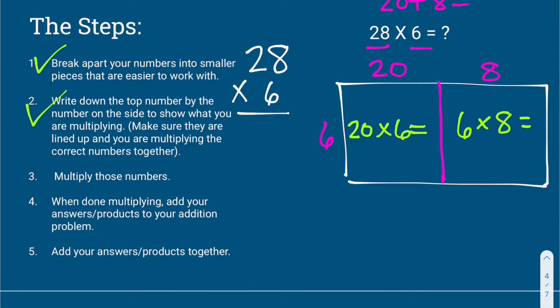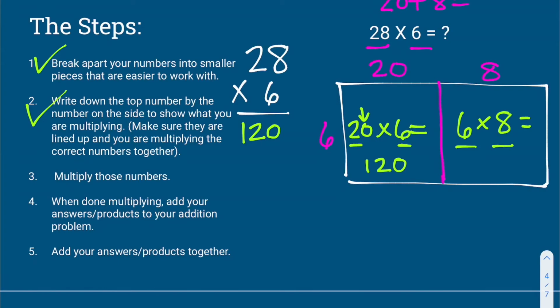Step 3, multiply. Now I'm just going to multiply. And I know that 2 times 6 equals 12, and I have just 1 0, so 120. And then I'm going to put that into my partial product for later. Now I'm going to go to my next box and multiply that number.